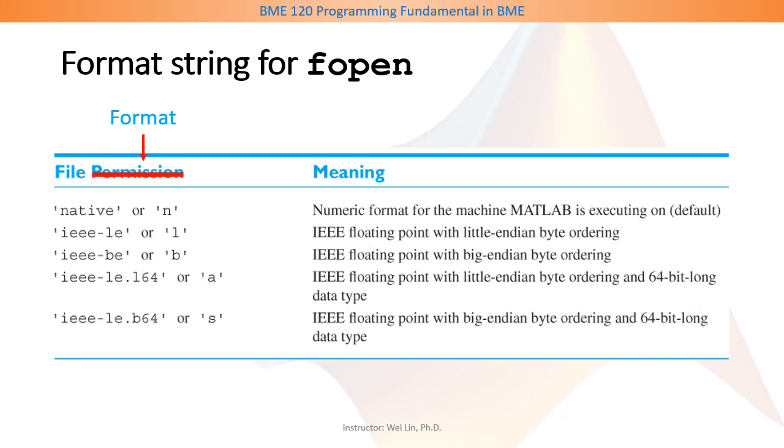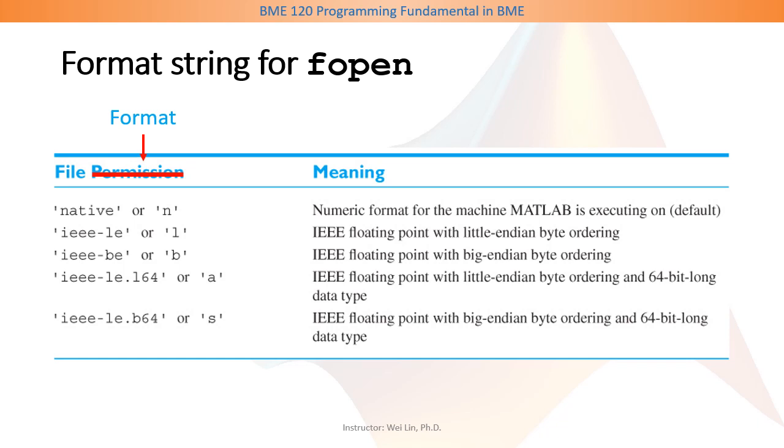This is a table of format string for the fopen function. I have to point out here that there's a typo in the textbook. This is the table from the textbook, and it should say file format instead of file permission. The default format is native, and it is used by MATLAB.